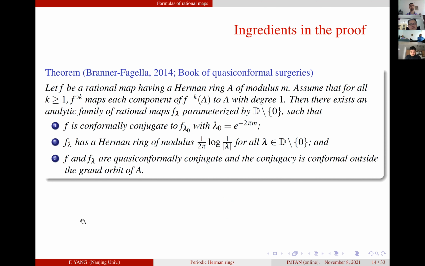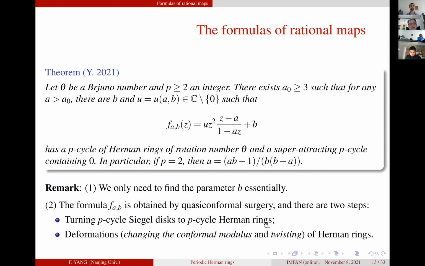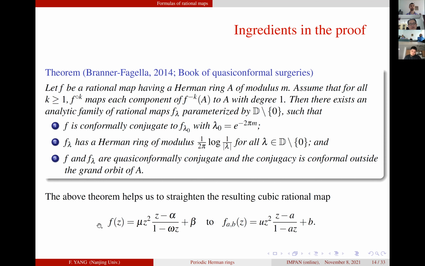Here, if we turn the p-cycle Siegel disk into a p-cycle of Herman rings, we will obtain a cubic rational map like this. And from this rational map, we see four parameters: mu, alpha, beta, and omega. Then from the Brower-Vaginus theorem, we can cancel a parameter, because this surgery allows us to deform the map in the parameter space.